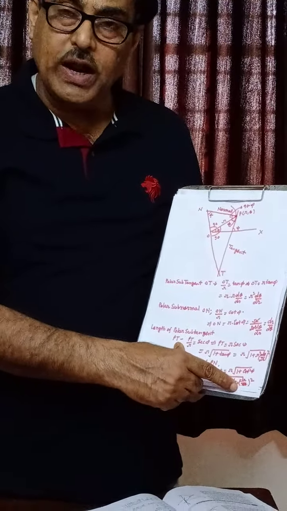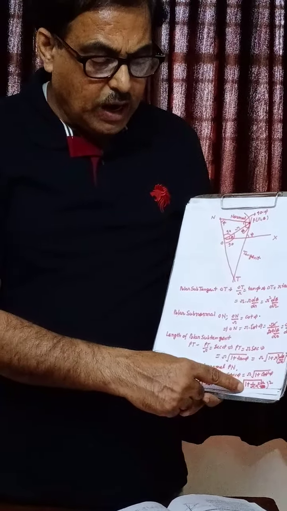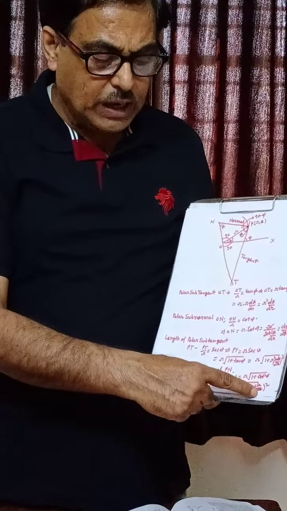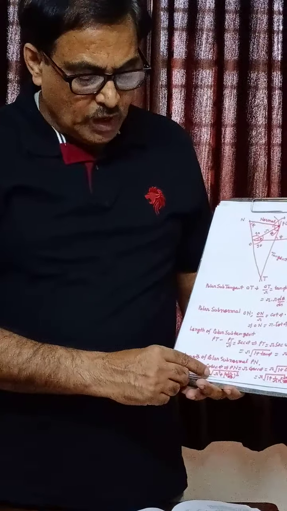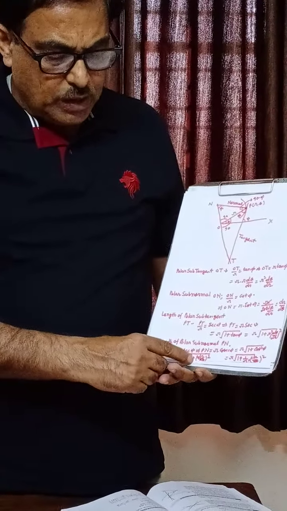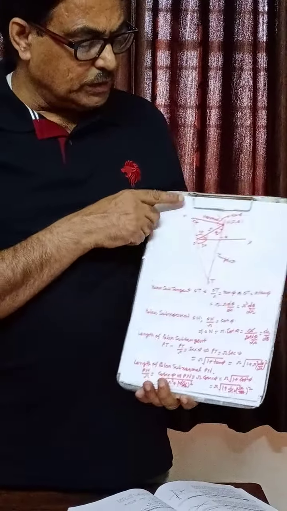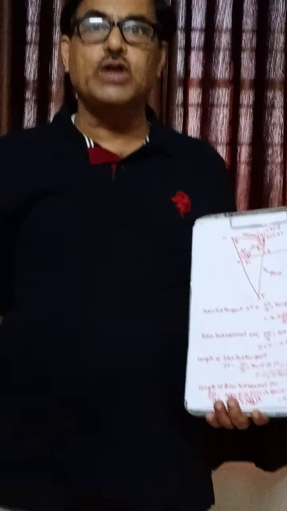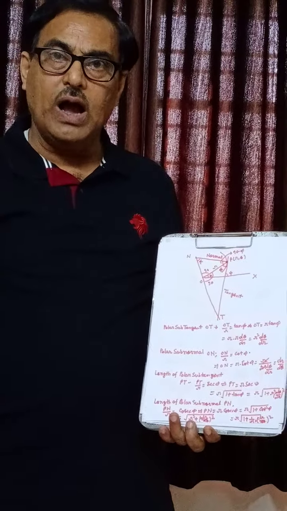Putting the value of tan phi equal to r dθ/dr, it is r under root 1 plus 1 upon r²(dθ/dr)², and it comes out as under root r² plus (dr/dθ)². So the length of the polar subnormal PN is under root r² plus (dr/dθ)².